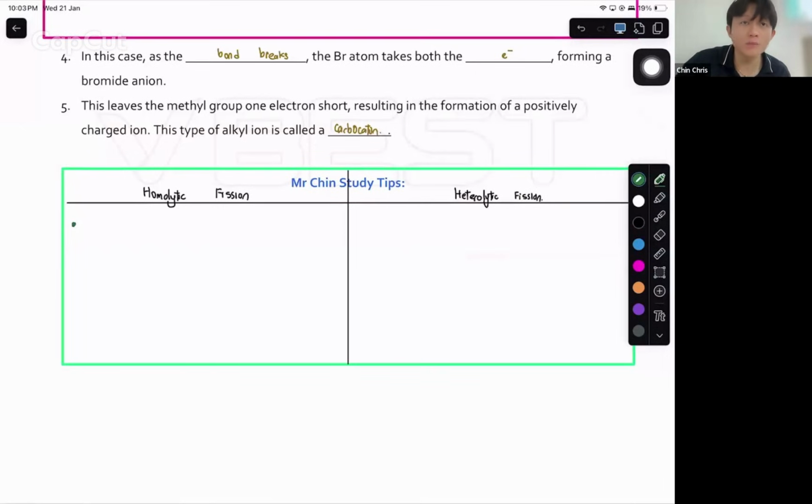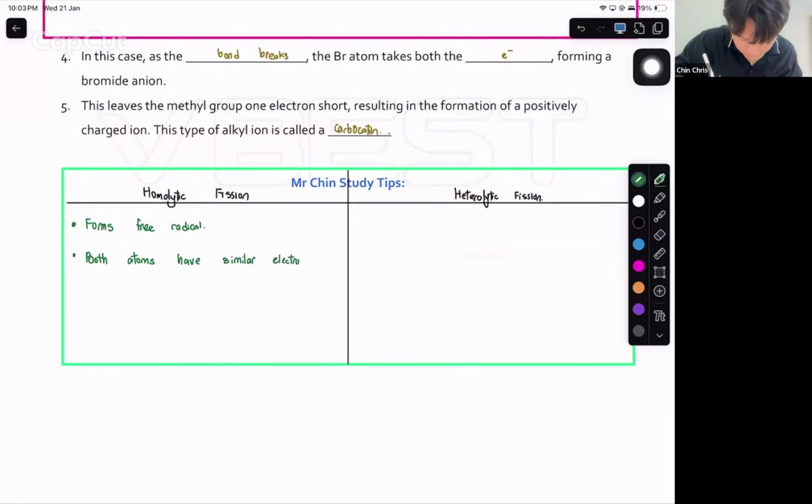Always remember, homolytic fission always forms a free radical. Remember that, yeah? A free radical is produced. And guys, usually both atoms must have the same or similar electronegativity. For example, Cl bonded with a Cl, Br bonded with a Br.